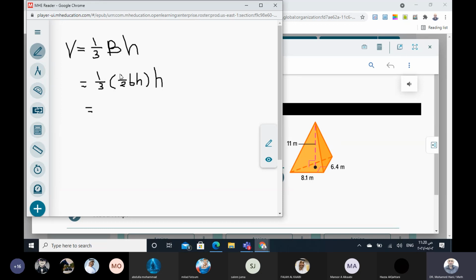Here we can multiply 1/2 by 1/3. 1 times 1 is 1, and 3 times 2 is 6. Times the base of the triangle, which is 8.1, multiplied by the height of the triangle, which is 6.4.